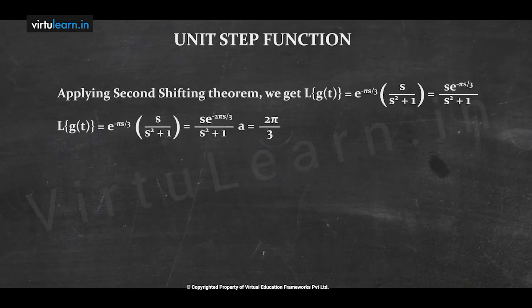Applying second shifting theorem, Laplace transform of g of t equal to, a value is pi by 3, am I right? Then e power minus pi s by 3 into f bar of s, which is s by s square plus 1, so s into e power minus pi s by 3 over s square plus 1. This is the answer according to second shifting theorem. The same thing directly I am writing here.